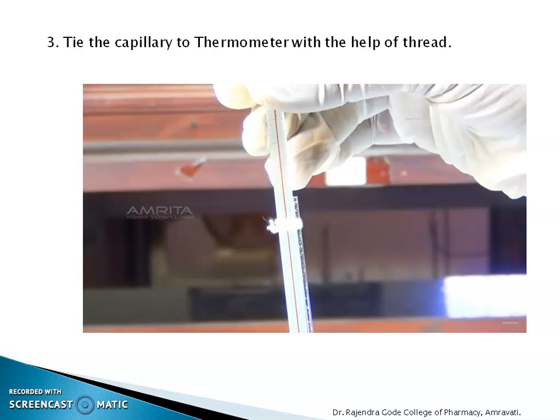We have to tie the capillary containing the organic compound powder to the thermometer which we are using to determine the temperature at which that substance gets melted. Tie it properly so it will not come loose during the experiment.